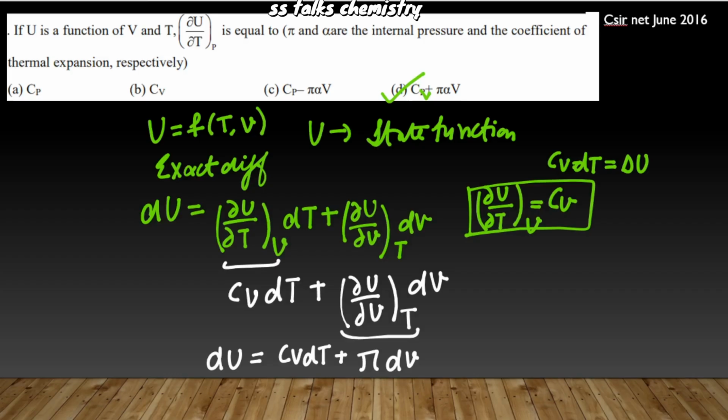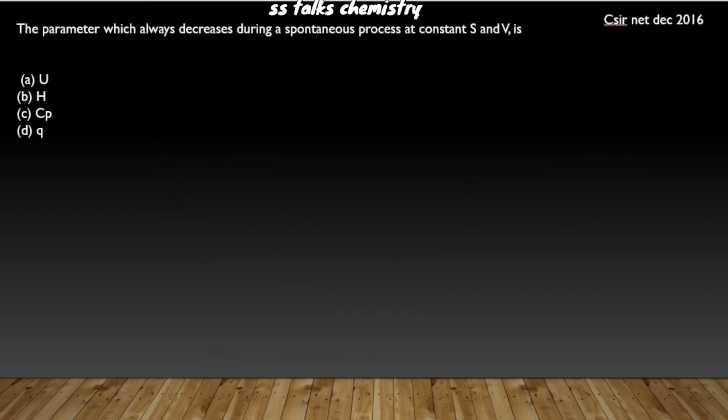Okay. So this question now: the parameter which always decreases during a spontaneous process but at constant entropy and at constant volume. Same type of question in the last class also we discussed. The very first question, that was of the year 2011 only. There I told the various criteria for the spontaneity.